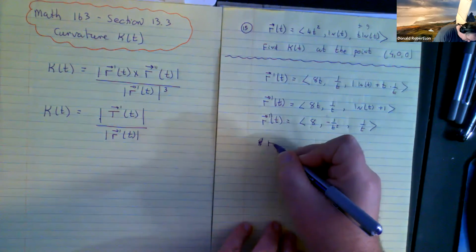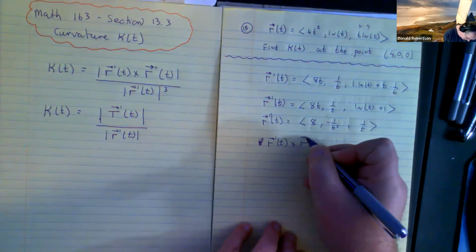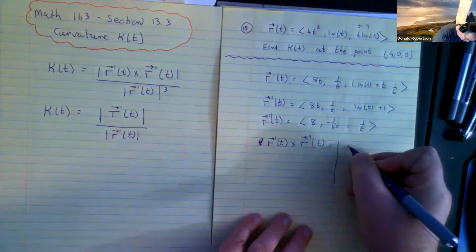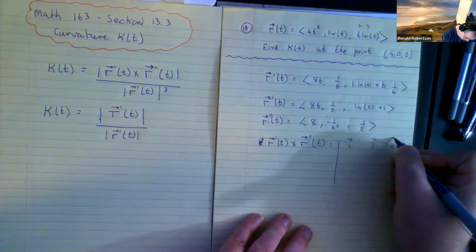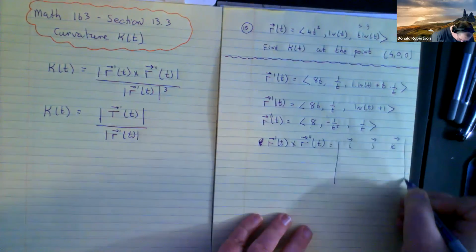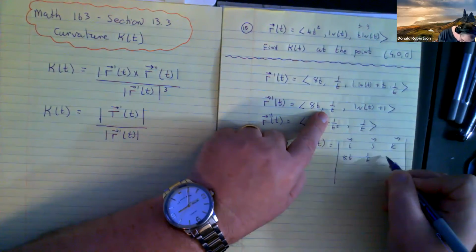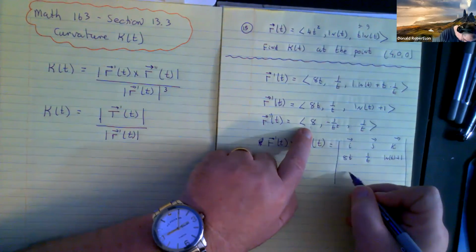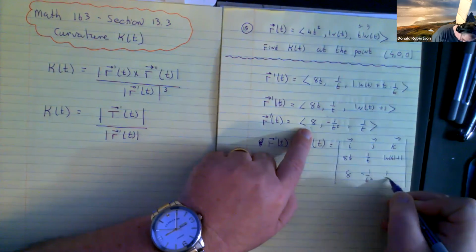We'll do a cross product. So it's going to be i, j, k, and an 8t, a 1 over t, and a natural log of t plus 1, and an 8, and a negative 1 over t squared, and a 1 over t.